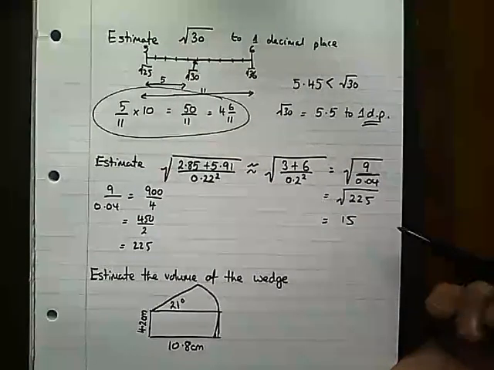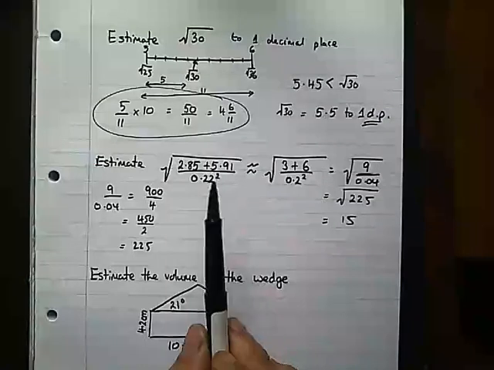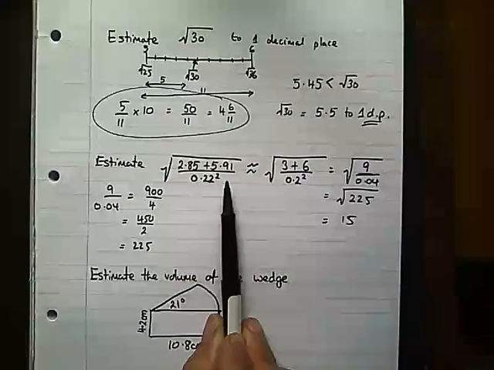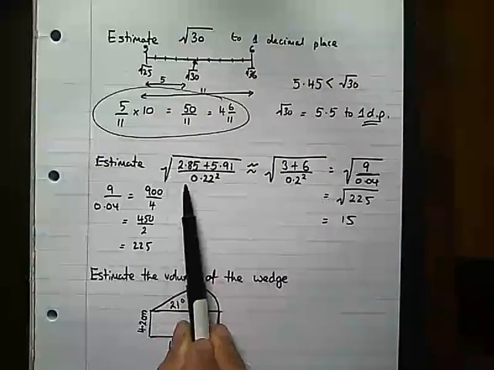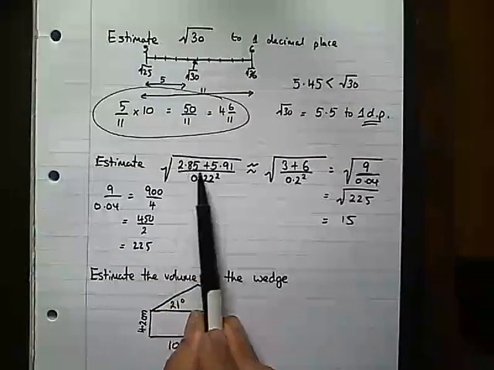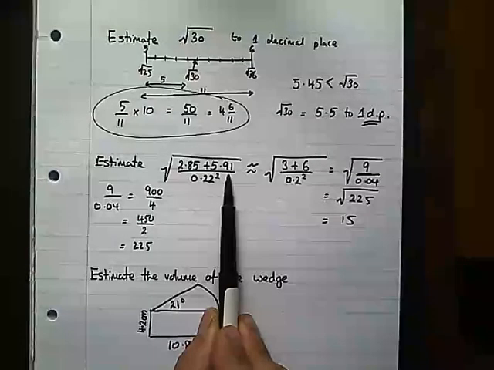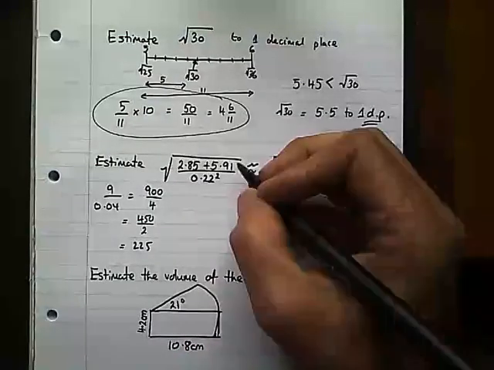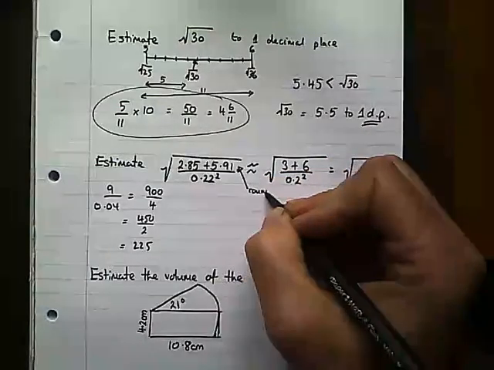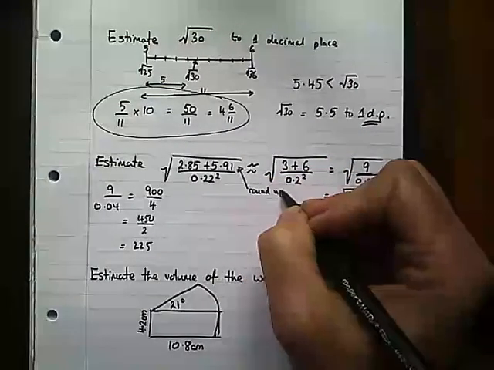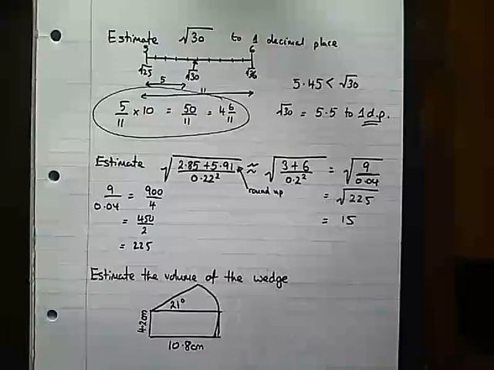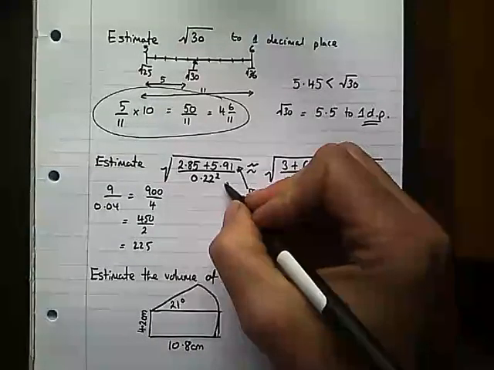So from that, you need to look at where you've been rounding and what you've rounded. Okay. So let's think about this fraction. Okay, I've rounded this number up, 2.85. I've rounded 5.91 up. So essentially, the numerator has been rounded up. With the denominator, we round down to 0.2.